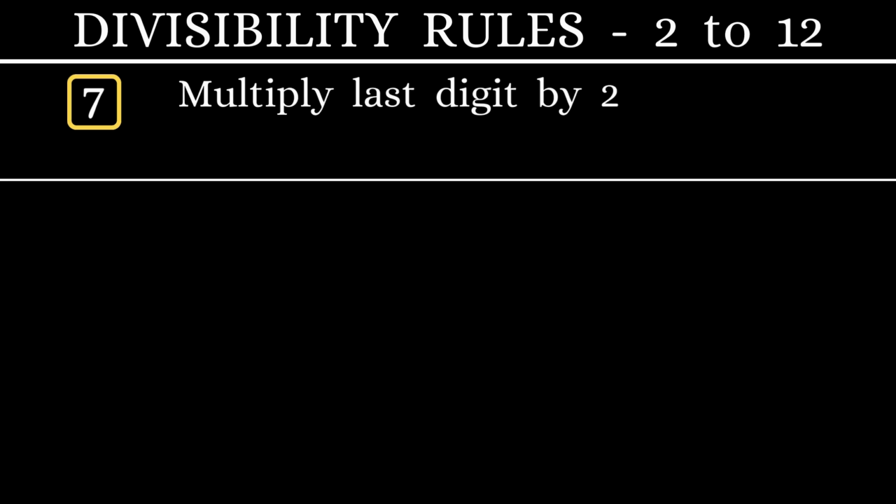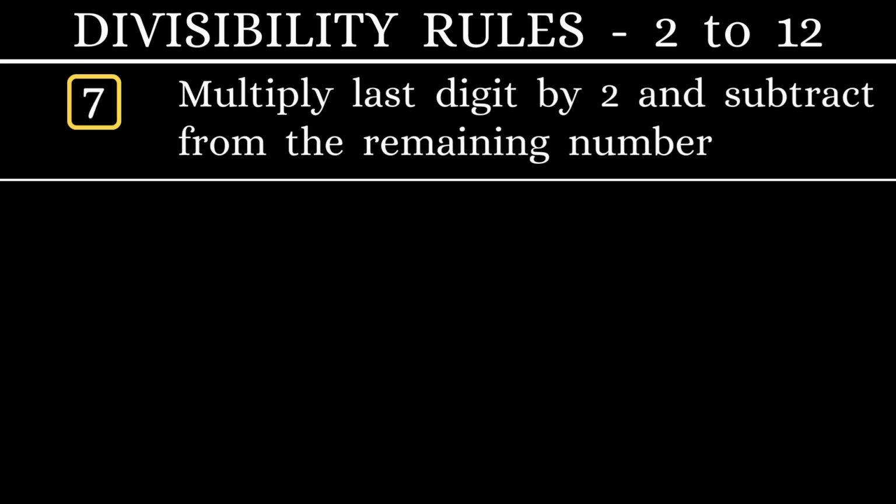Here, we'll be multiplying the last digit of the given number by 2. Then, we'll subtract this answer from the remaining number.